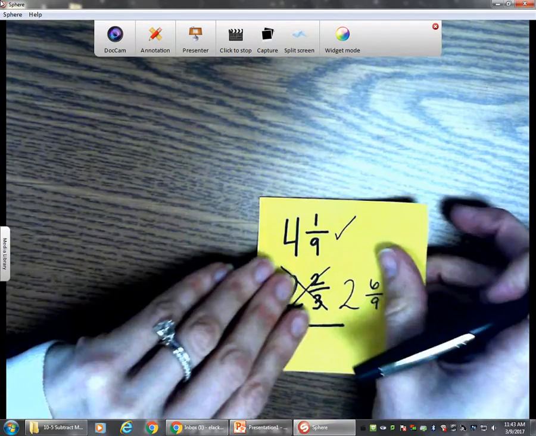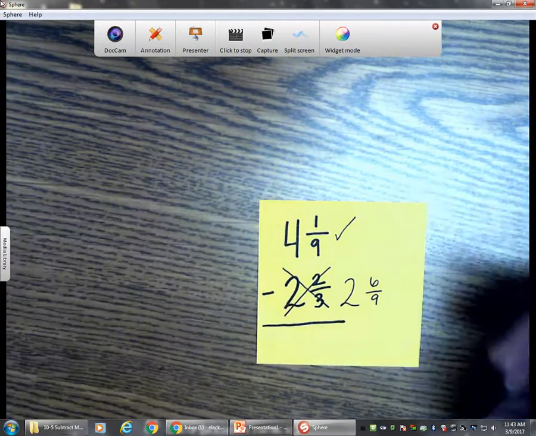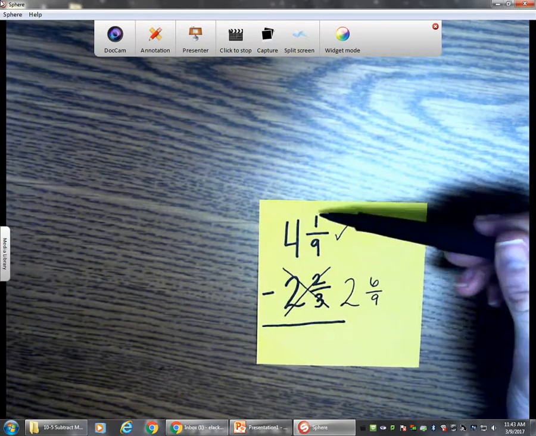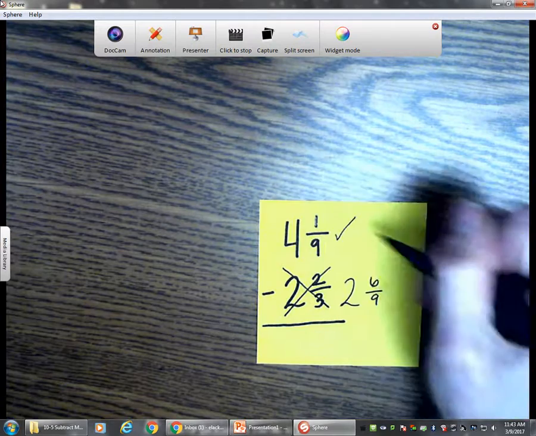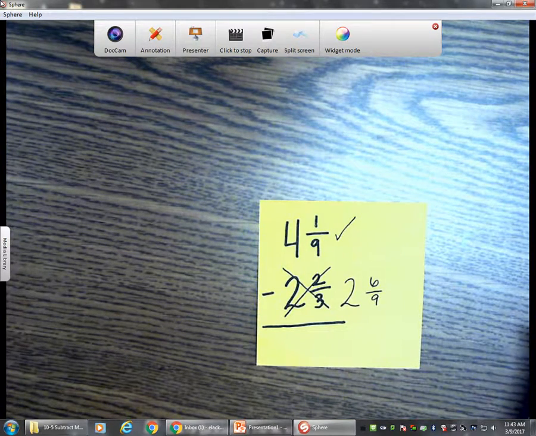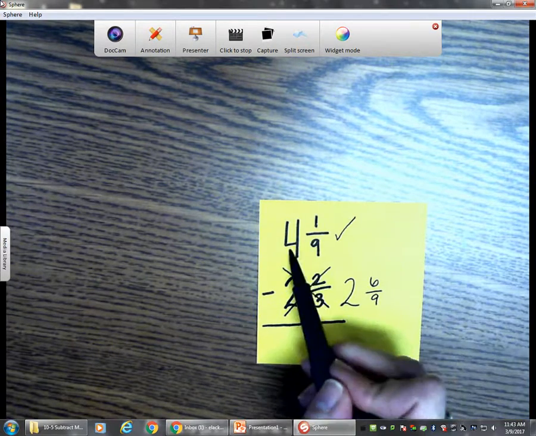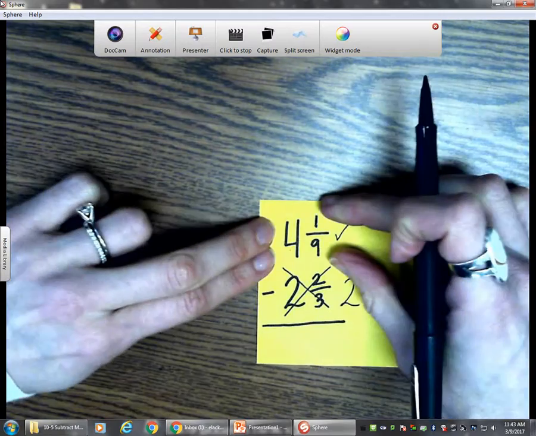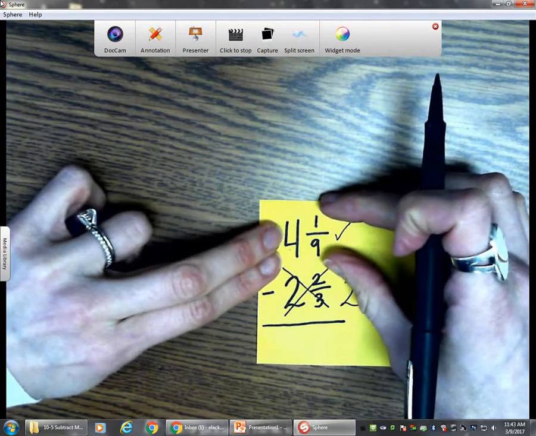Let's focus back on my problem. Subtract the numerator. 4 minus 6, numerator 1 minus 6. Uh-oh. 4 and 1/9 take away 2 and 6/9. This is the bigger number, right? 4 and a little bit more.